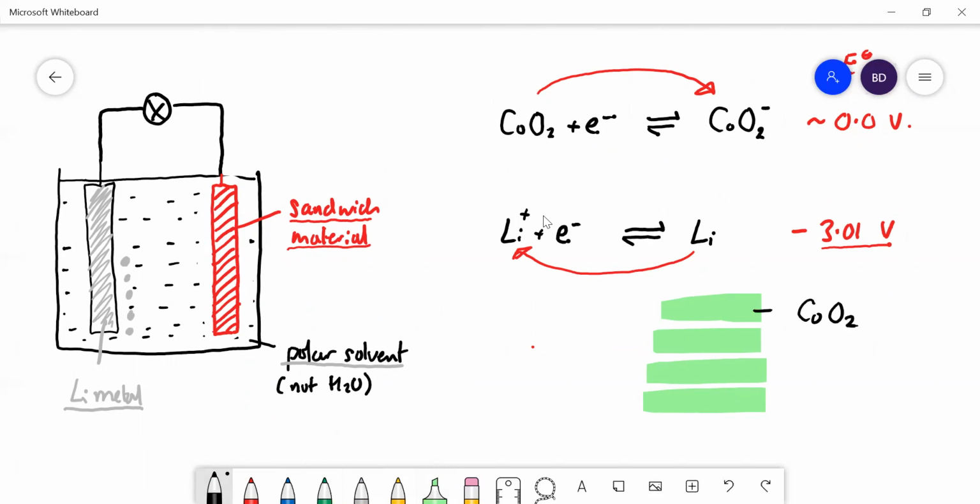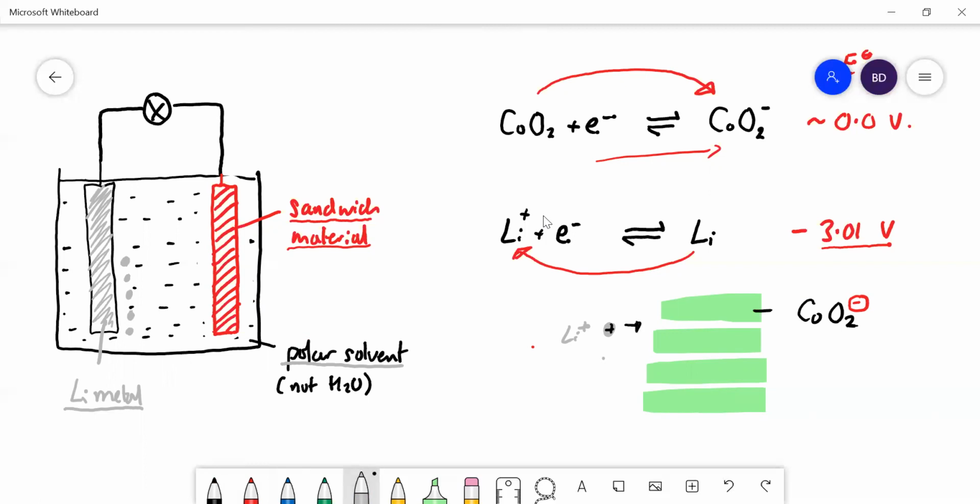When this reaction goes forwards, it gains an electron, so this CoO2 becomes negatively charged, and when that happens, lithium ions, Li+, move into the gaps between the layers.